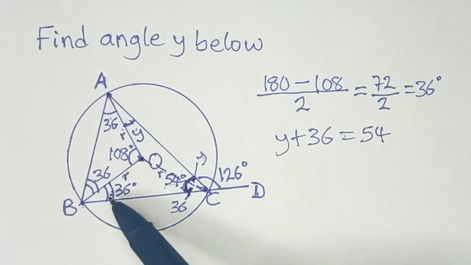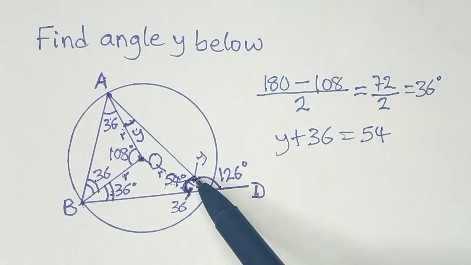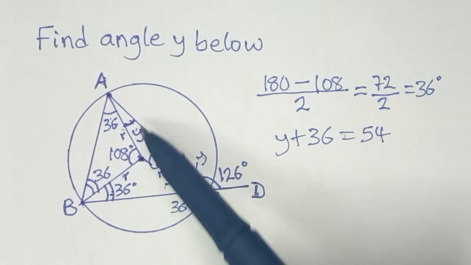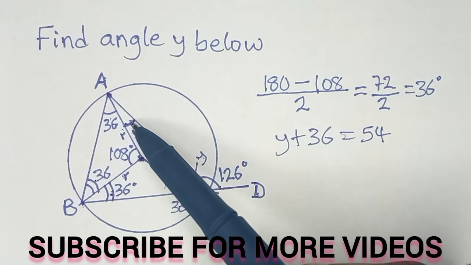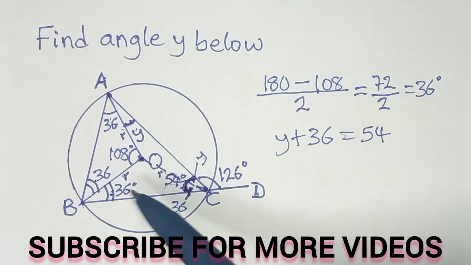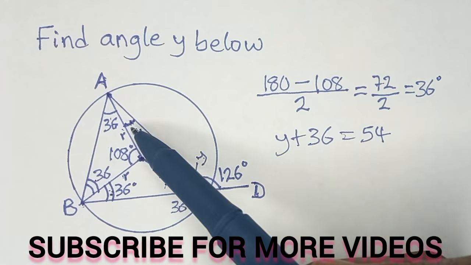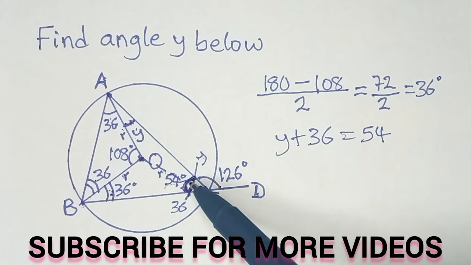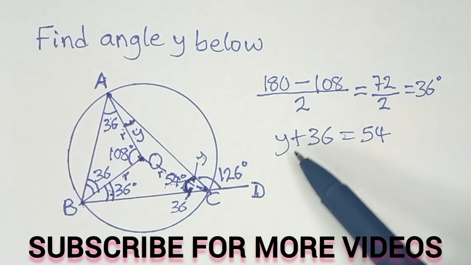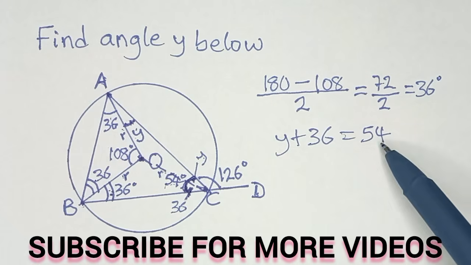So anytime you have an angle at the circumference here, and you have two other angles at these edges here, what you just need to know is that the sum of these two angles is a very shortcut method. The sum of these two angles will give you this one at the circumference. That is what I've written down now. y plus 36 is 54.